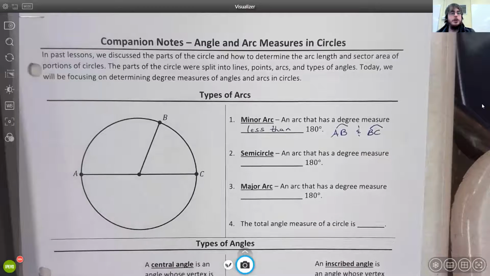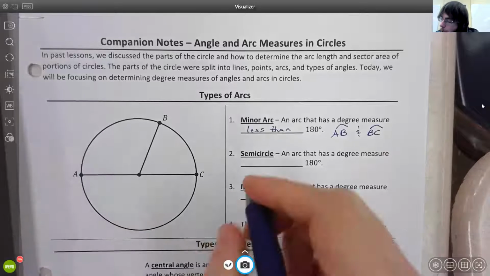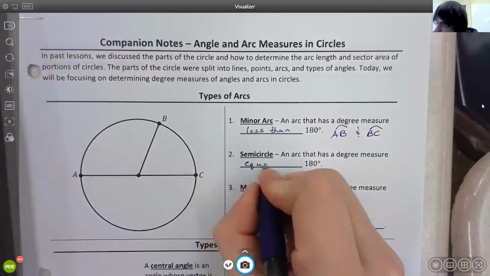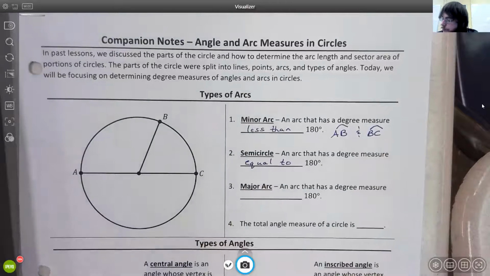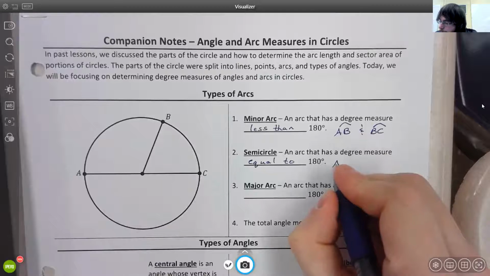The next one that we talked about was a semicircle. And as you guys know, a semicircle is half a circle. And since a semicircle is half a circle, then that means the arc has a degree measure equal to 180 degrees. Okay. So in this diagram, do you see any semicircles here? You should see one here at AC, arc AC.